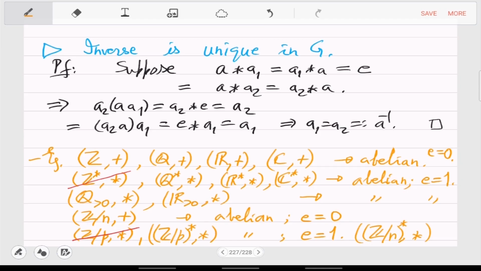So I seem to be overusing star here in the superscript, but I hope you can understand what's going on from the context. So Zn star, which is the co-prime numbers, of size phi n.